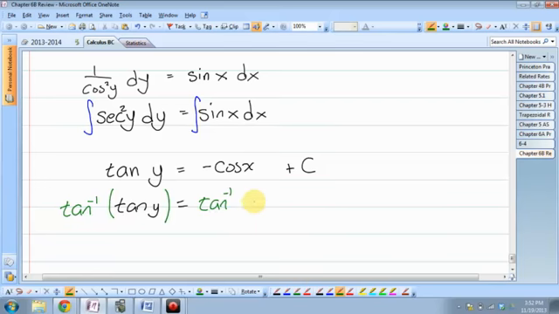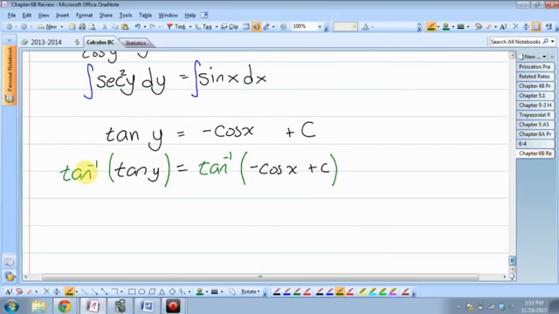You have to inverse tangent the entire thing, not just part of it, not just the cosine. As you can see, we inverse tangent the entire right side and the entire left side.